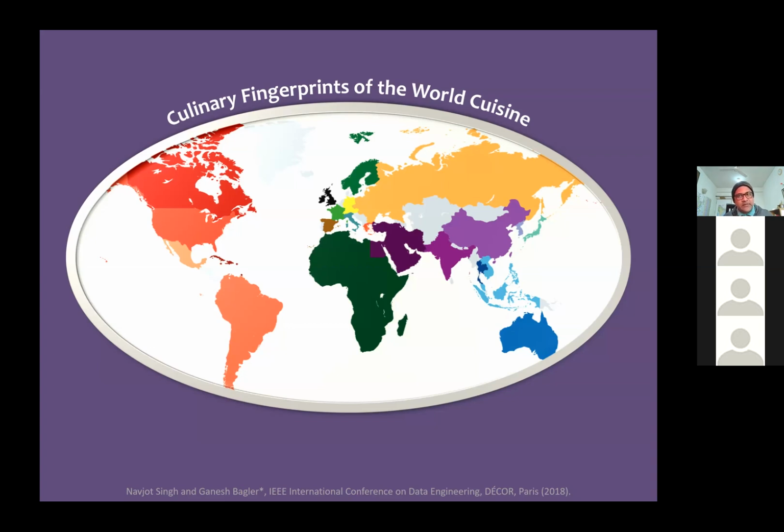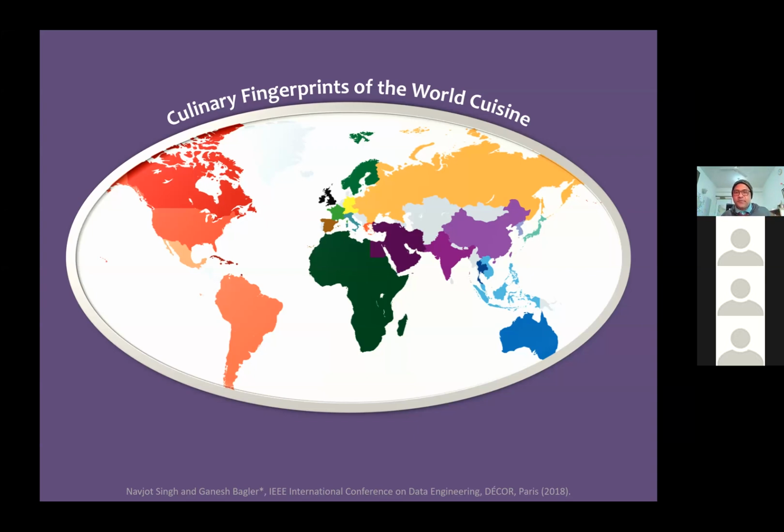For example, the Indian subcontinent has been shown using a single color, but it encompasses India, Pakistan and Bangladesh. In a similar manner, we have compiled these recipes from different cultures and have looked at the data-driven culinary fingerprints of these recipes.